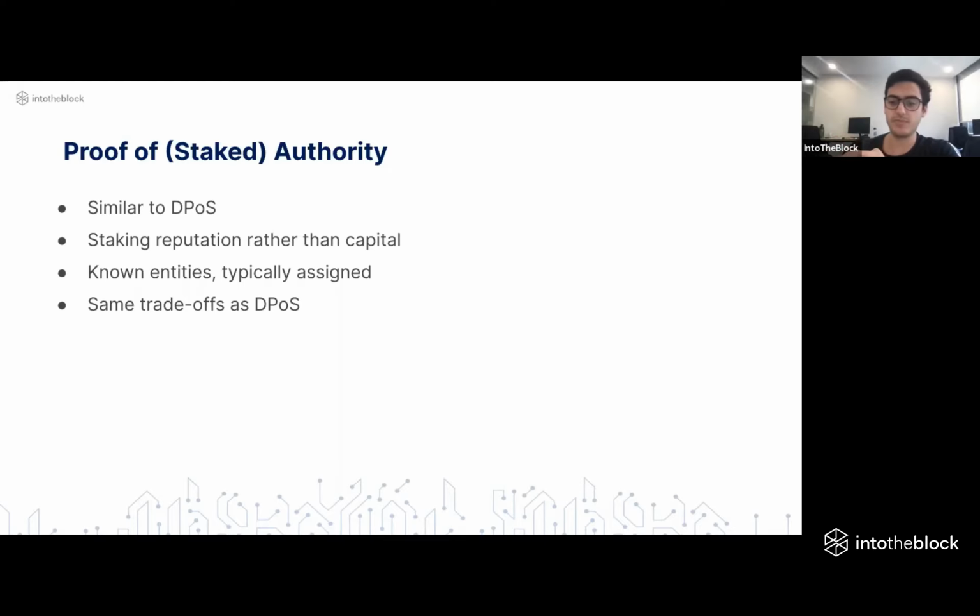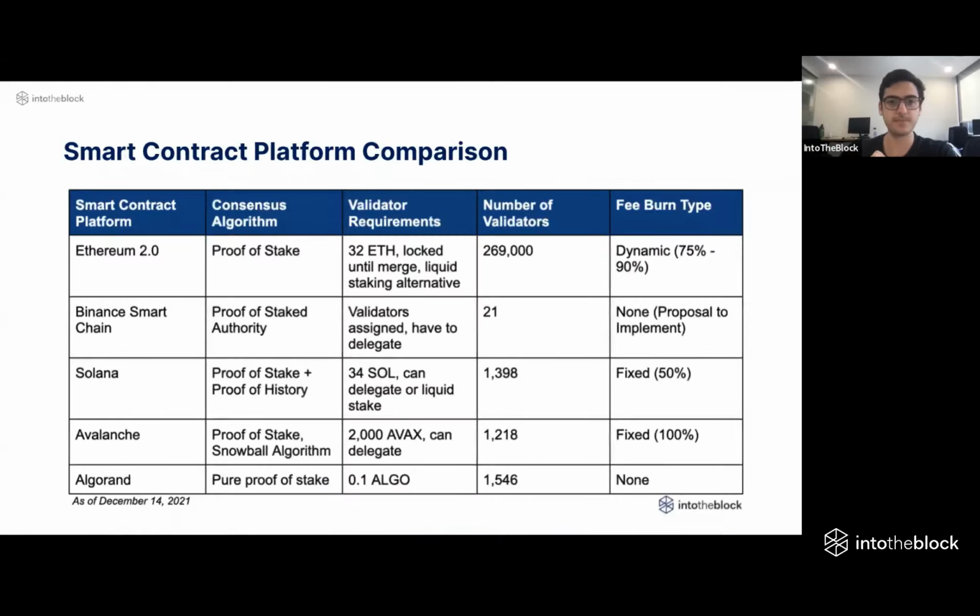It's a lot more of a Web2 process where people have identities, they're identified companies or individuals, and there's also a reputation cost for not keeping up your node and things like that. It's a similar trade-off to regular proof of stake in that you're also getting more scalability, but less decentralization.